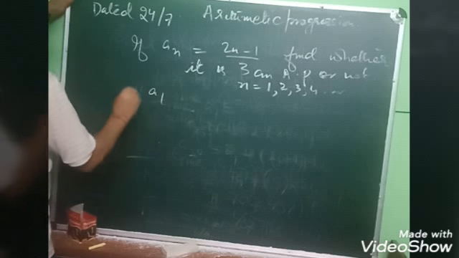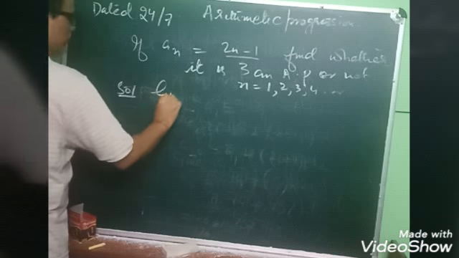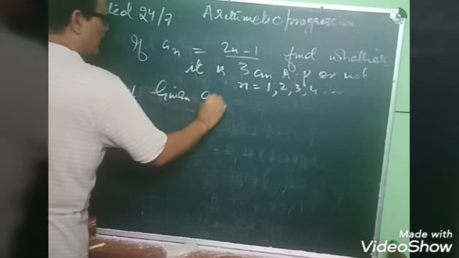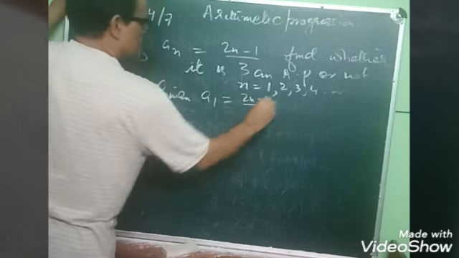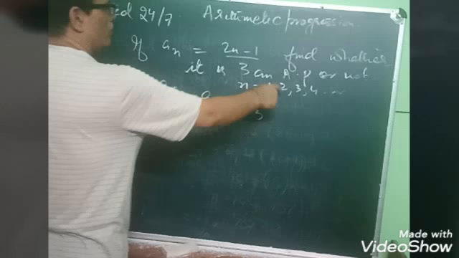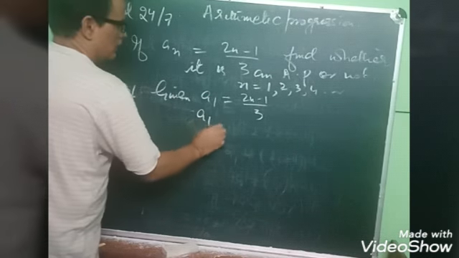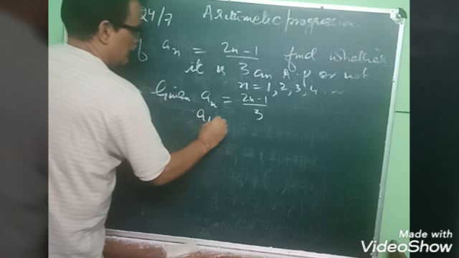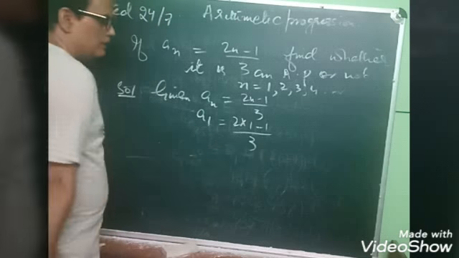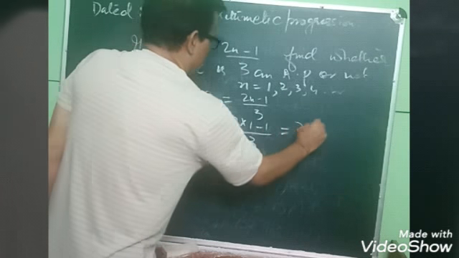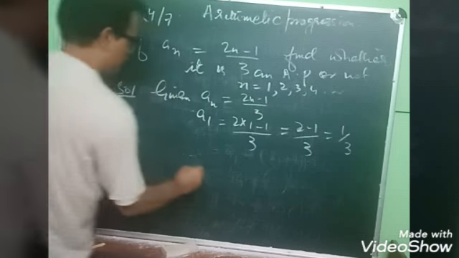So the solution: it is given an is equal to 2n minus 1 upon 3. So we can give the value as 1, 2 or 3, 4 and so on. So A1 is equal to 2 into 1 minus 1 by 3, that is equal to 2 minus 1 upon 3, that is equal to 1 by 3.